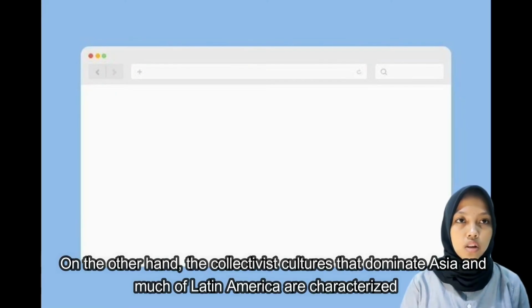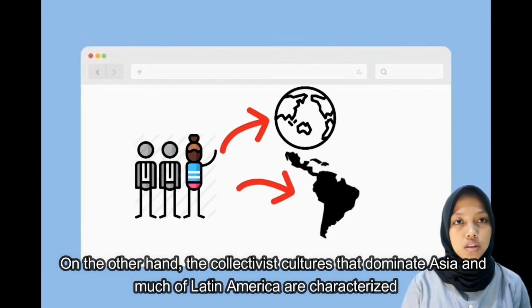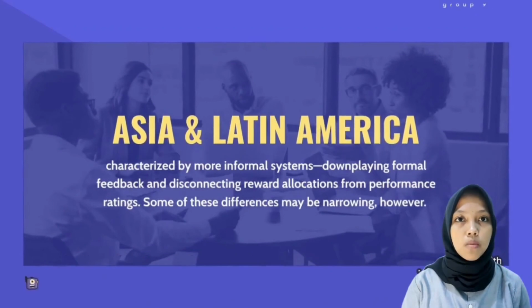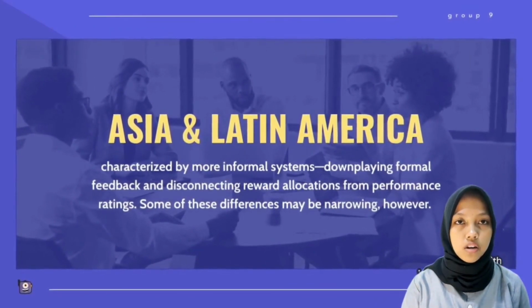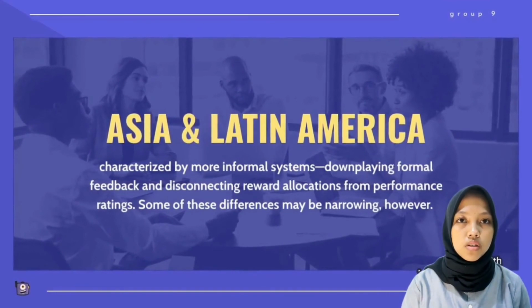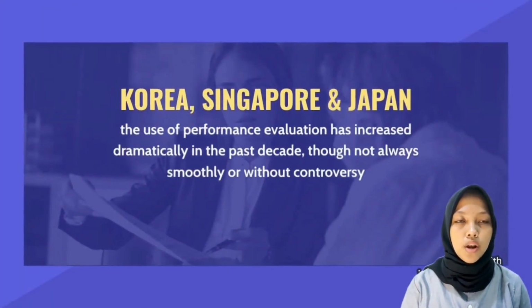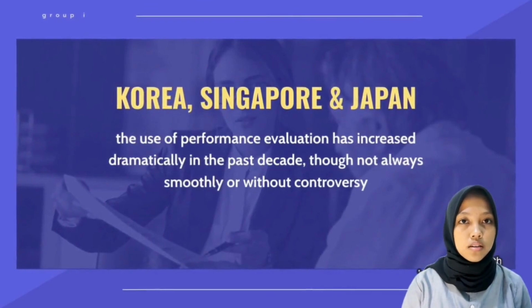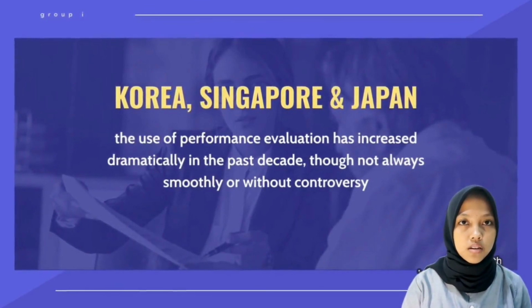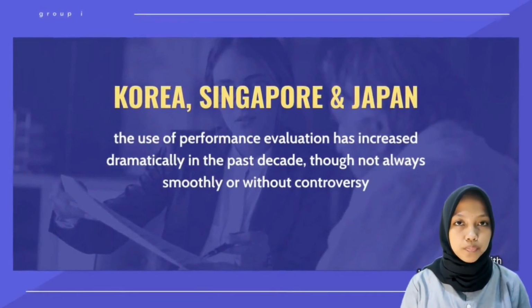On the other hand, the collectivist cultures that dominate Asia and much of Latin America are characterized by more informal systems, downplaying formal feedback and disconnecting rewards allocation from performance ratings. Some of these differences might be narrowing. However, in Korea, Singapore, and even Japan, the use of performance evaluation has increased dramatically in the past decade, though not always smoothly or without controversy.